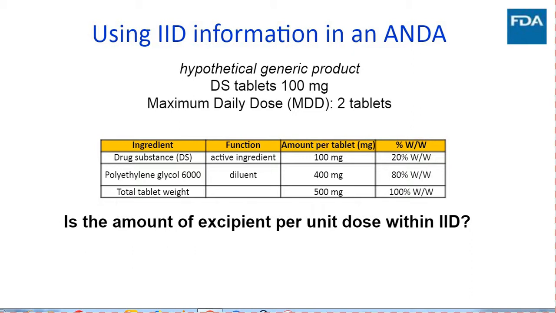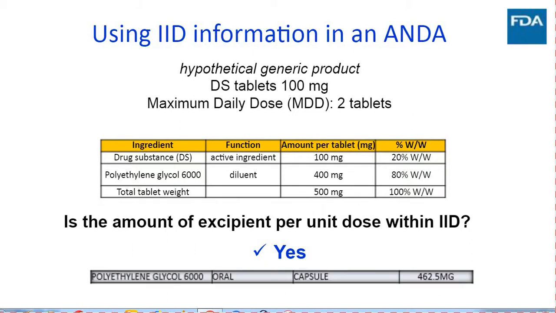So the key question is, is the amount of the excipient per unit dose within the IID? And if you go back to what we had in the previous slide, the answer is yes, because the level in the IID is 462.5 milligrams. So yes, we are within the IID, but the real question that FDA wants to answer is, is it within the maximum daily dose of what has previously been approved?